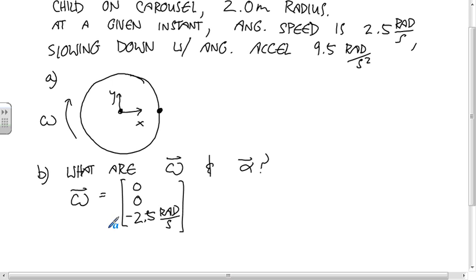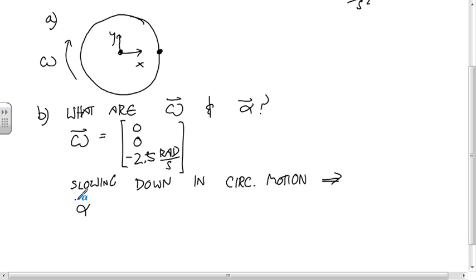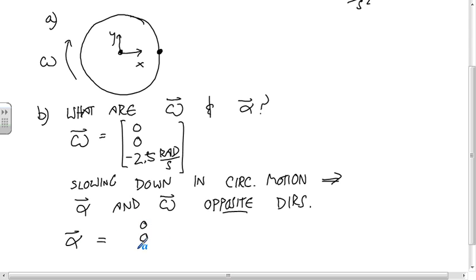If they're slowing down in circular motion, that means that the angular acceleration and the angular velocity are in opposite directions. So then the angular acceleration has to be equal to 0, 0, positive 9.5 radians per second squared.